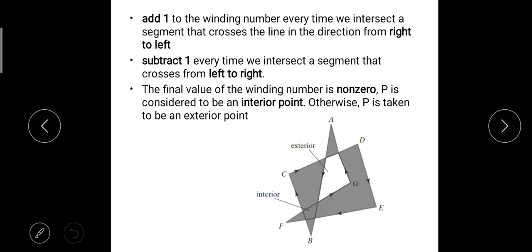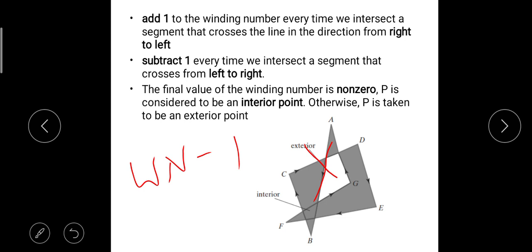Okay, so first we'll see about this reference line that is there. Here the one line segment, A to B, has a direction from right to left. So if it is right to left, we will add 1 to the winding number. So the winding number is 1. Next, the one more line segment that we have is from C to D, which is from left to right.